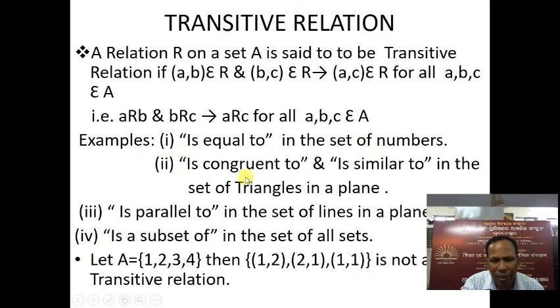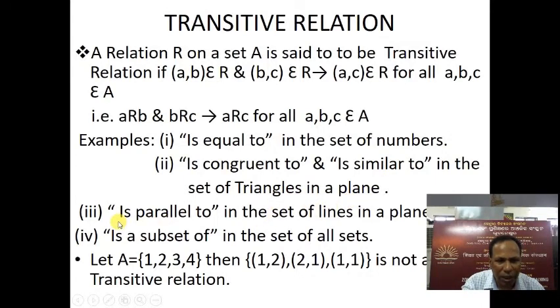And we find that T1 and T3 are also related to each other by the same relation is congruent to. So the relation is congruent to in the set of triangles in a plane is transitive in nature. Same is the case for the relation is similar to in the set of triangles in a plane.